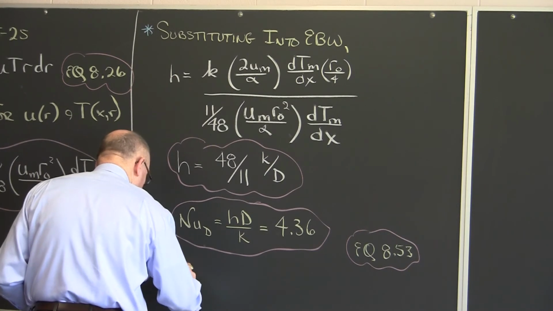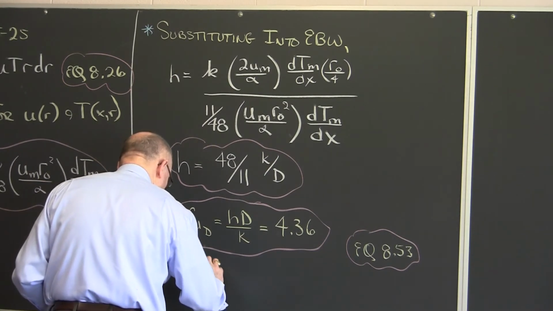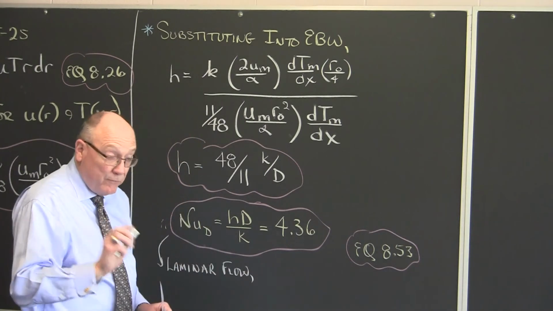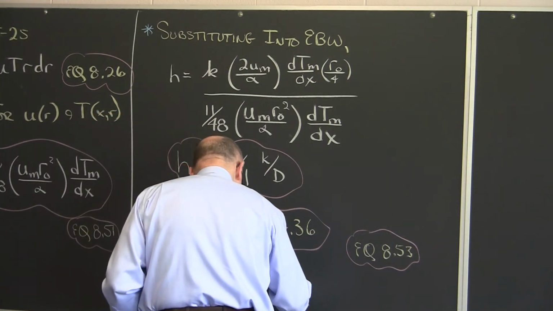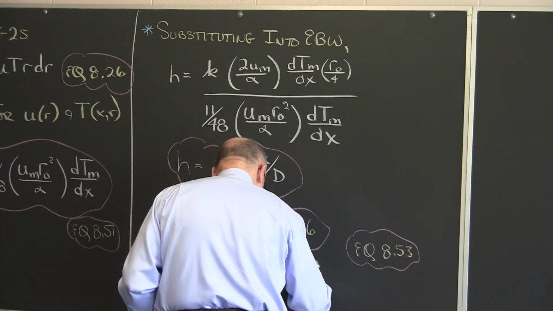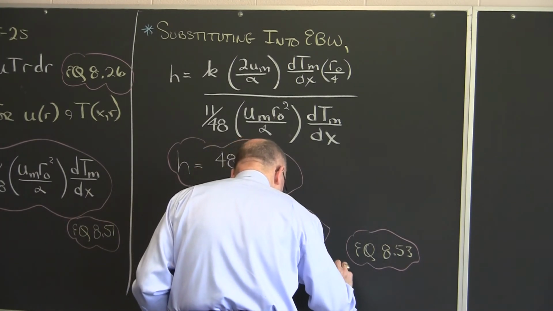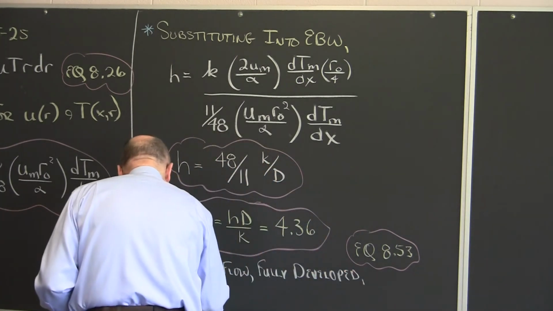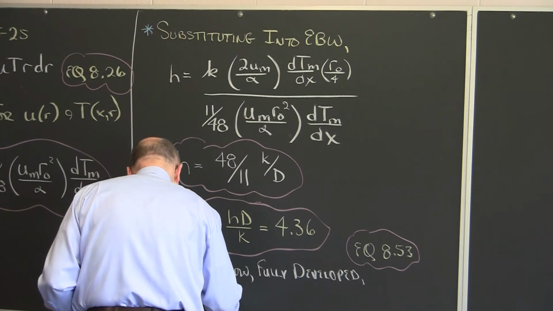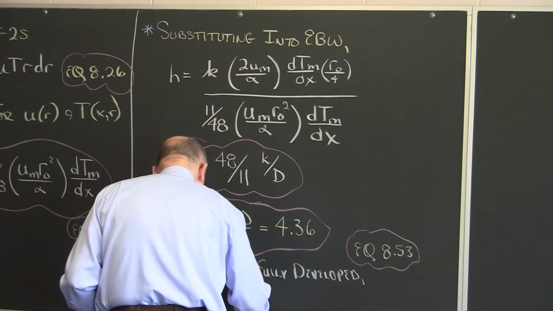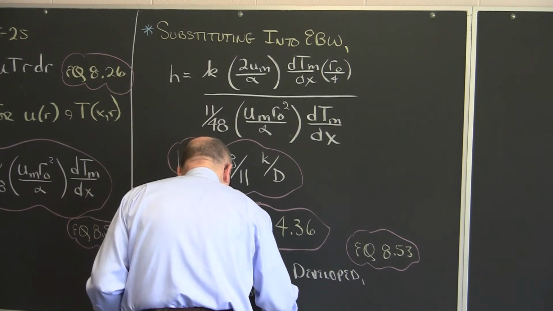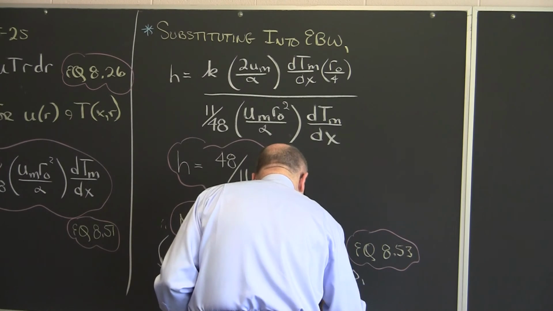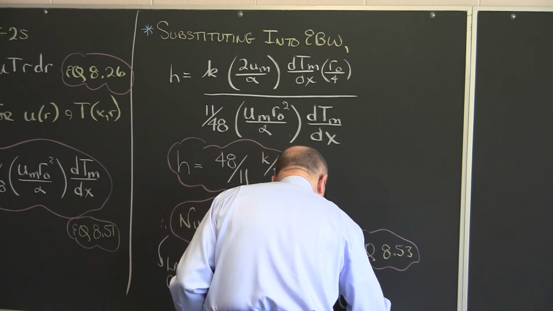Let's remind ourselves. Laminar flow. Fully developed flow. Constant properties. And lastly, Qs, the heat flux at the surface, being constant.